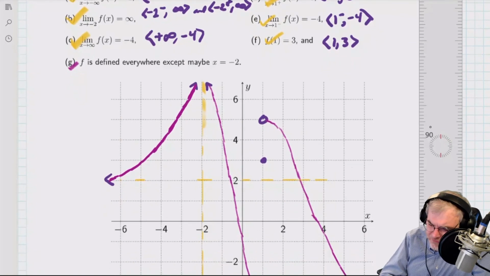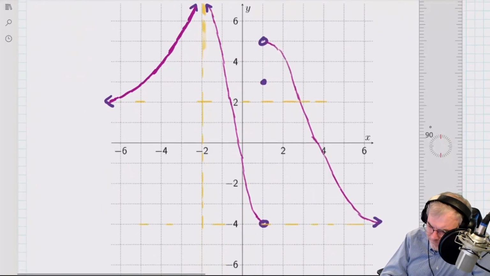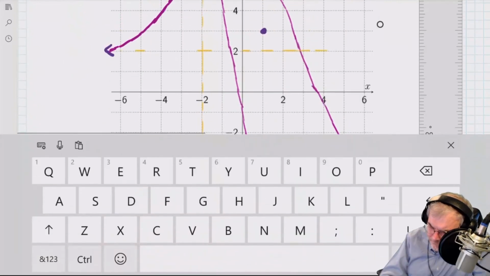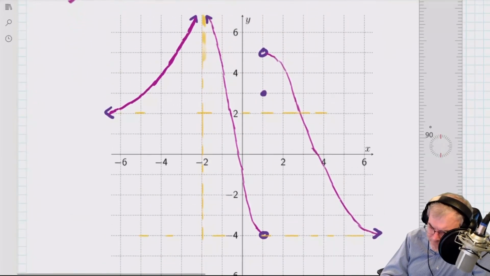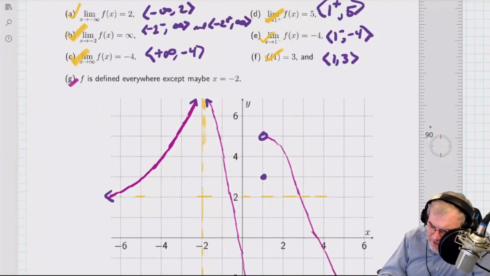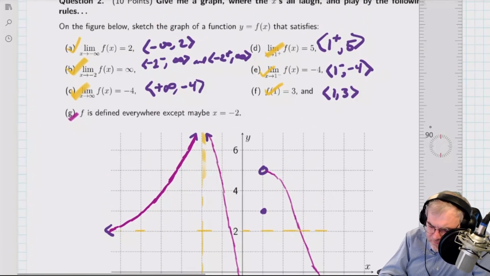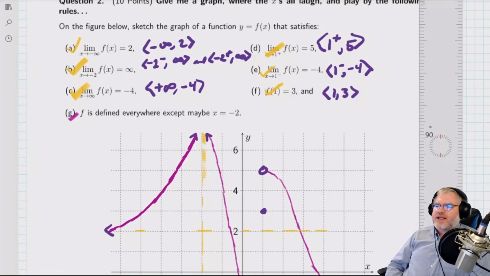As I move from left to right, I move from negative 2 right to 1 left. And then I jump, and then my next point on the right is 1 right, 5. As I go to the right, the next point's positive infinity, the next x value.